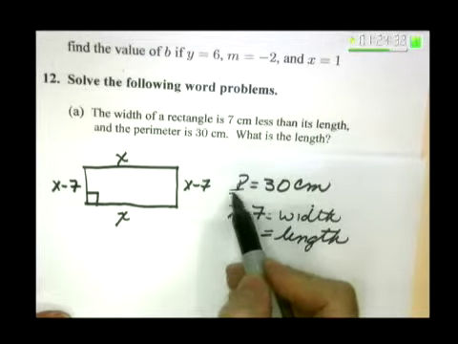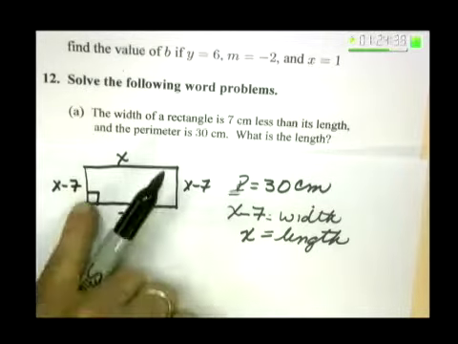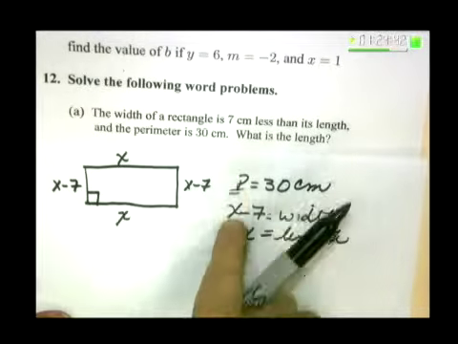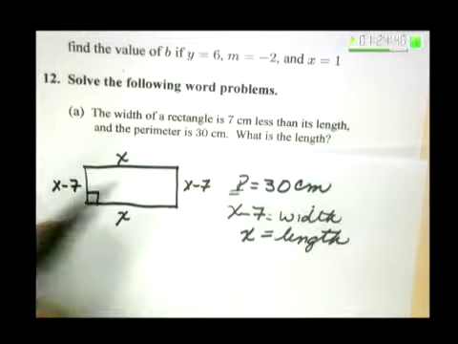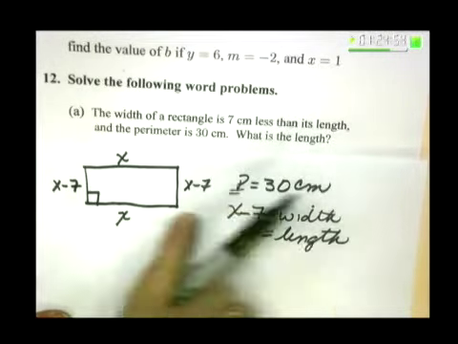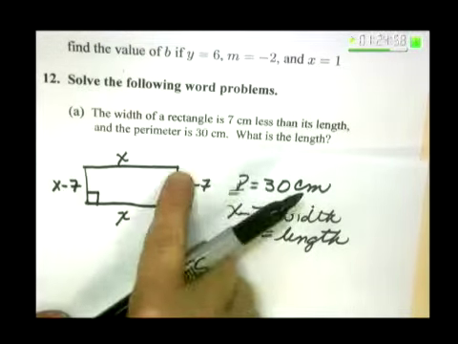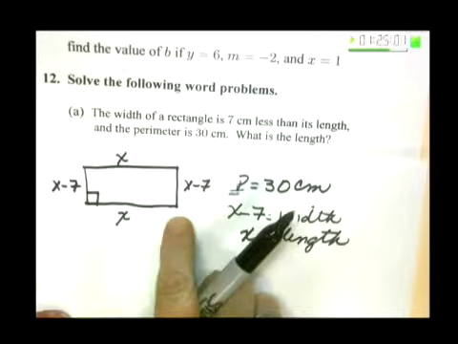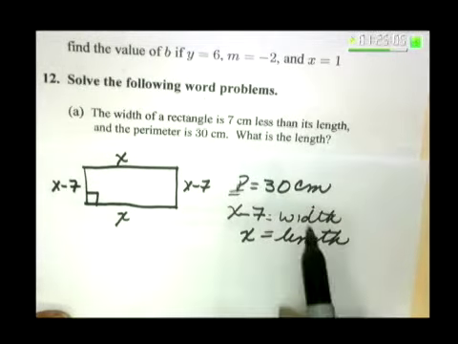And now we have to remember what the word perimeter means. The perimeter says what is on the outside. If I were to walk around the figure, how long would I have to walk? If this were a field, how long is it around the field? Now the easy way, without memorizing a formula, says I start and I add up the lengths of all four sides. X minus 7 plus x minus 7 plus x is going to give me the distance all the way around.